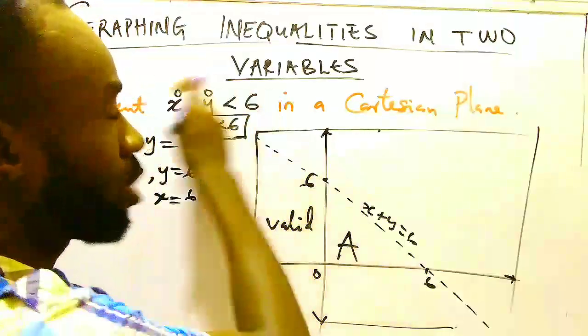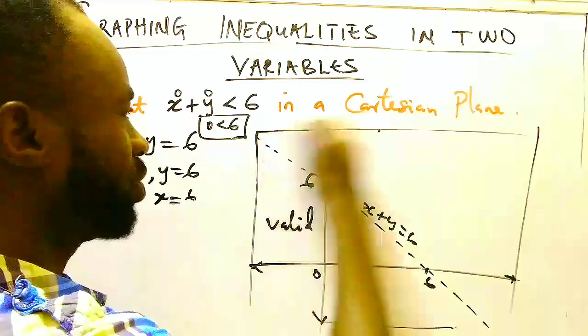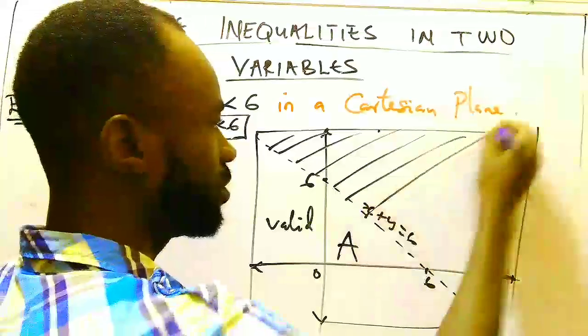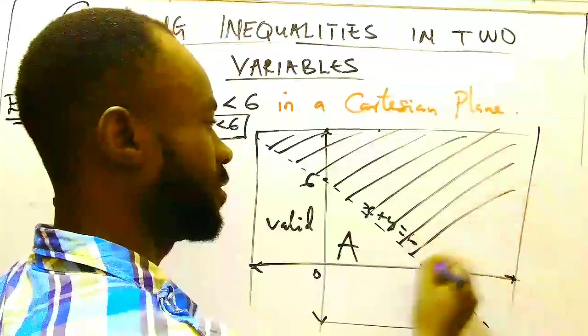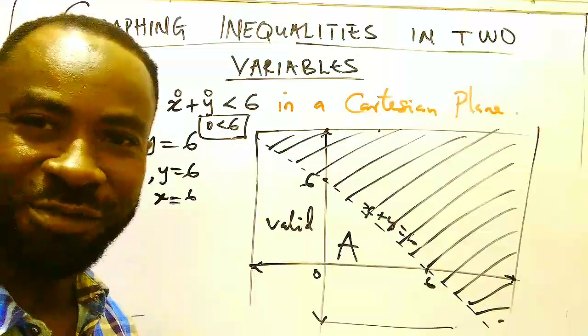So that is the region that contains the set of solution to this. While this other region is not acceptable, we are going to shade it off. So this unshaded area is our set of solution.